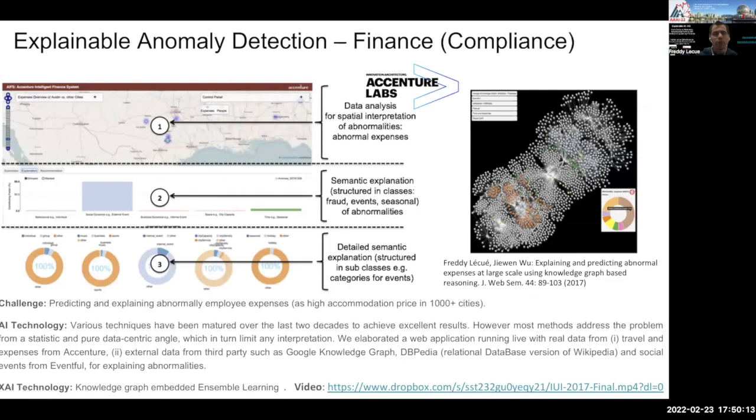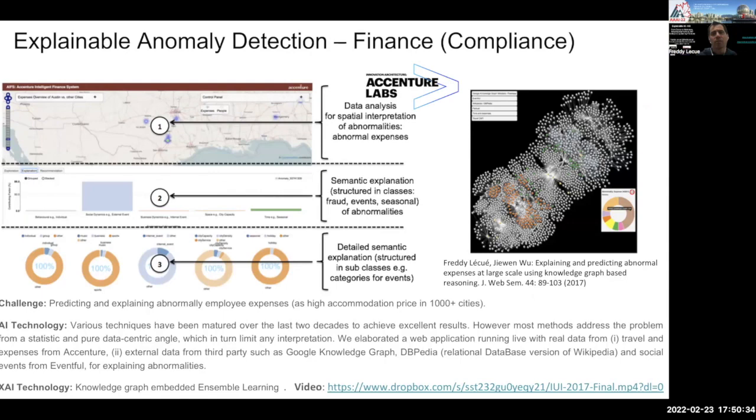Some work also on travel expenses, so try to explain why employees are spending more than others in particular locations, particularly when they travel for conferences or for visiting clients. So we try to detect abnormal behavior.